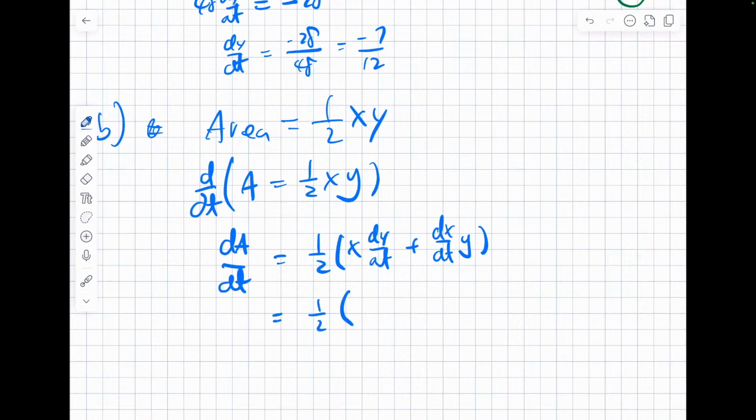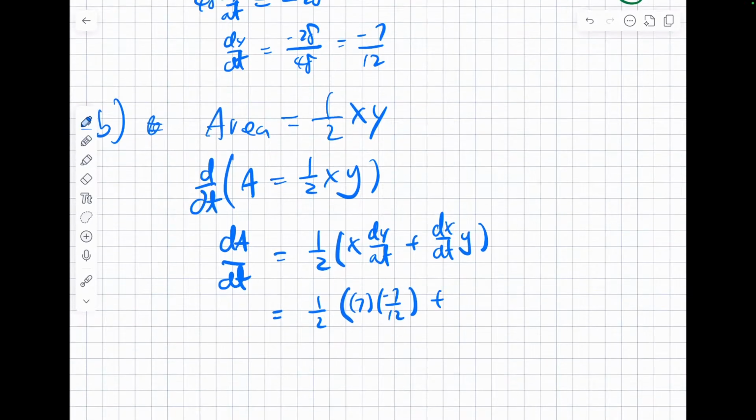The x, I think, is 7. dy/dt, I think, is negative 7 over 12 at that moment. Plus dx/dt is 2 times y, I think, is 24. And then you simplify this. I don't want to simplify, too much trouble, too much math. But I did the product rule.